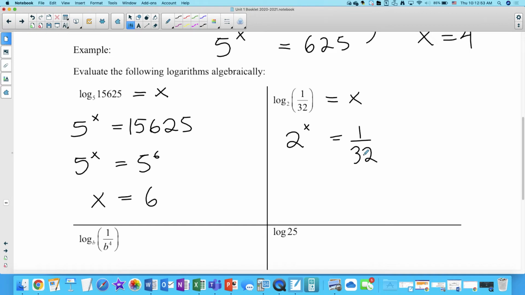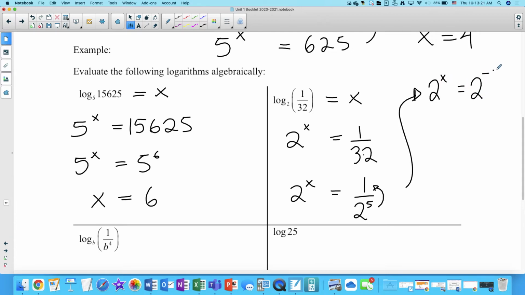Oh, whoops. 2 to the x equals 1 over 2 to the 5. Okay? Now, this is not base 2 yet because it's in the denominator. How could I bring this up? What would happen? Make it a negative. Yeah. If I bring this up, the exponent becomes negative. And then I can conclude that x equals negative 5.